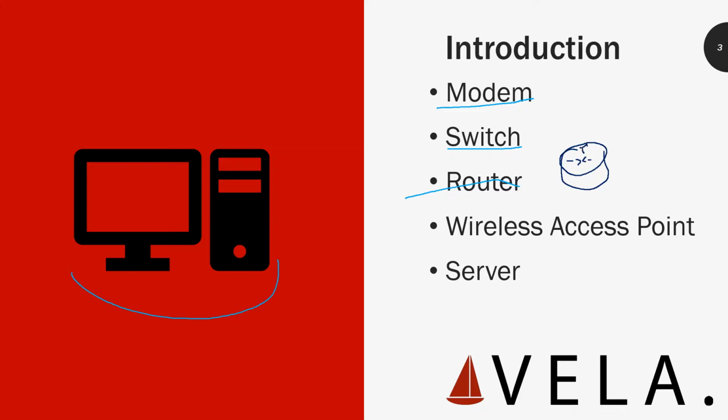Wireless access points, which we should be familiar with because everybody connects to Wi-Fi. And servers. What's a server? Facebook and Instagram run on servers.